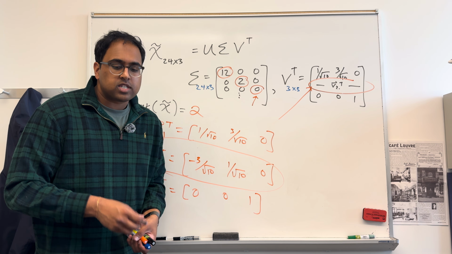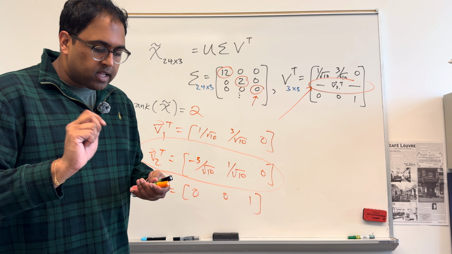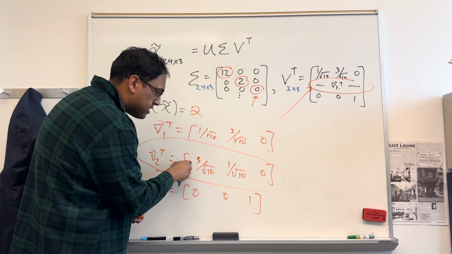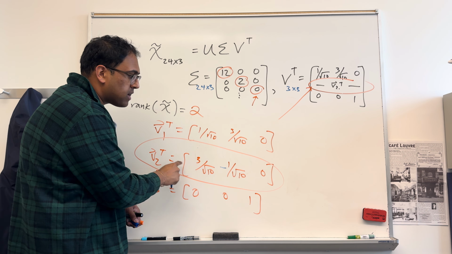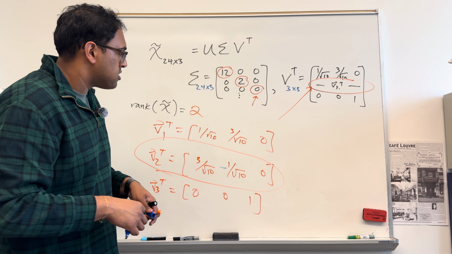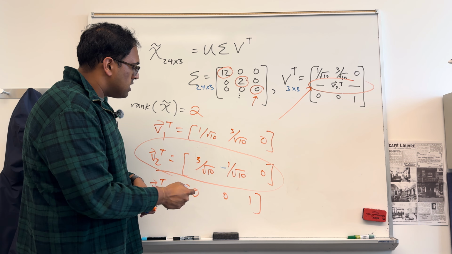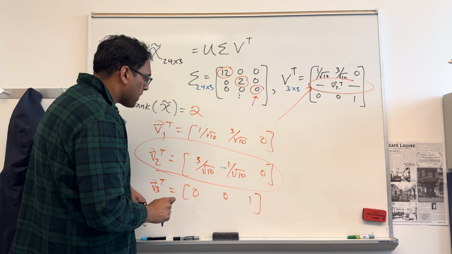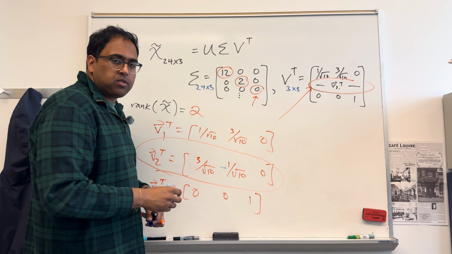Are there other answers? Yes, but there's really only one possible other answer, and that would come from swapping the minus sign from here to here, because we know this also has to be a unit vector. There are only those two unit vectors that are orthogonal to both V1 and V3, and I've shown you those two options.